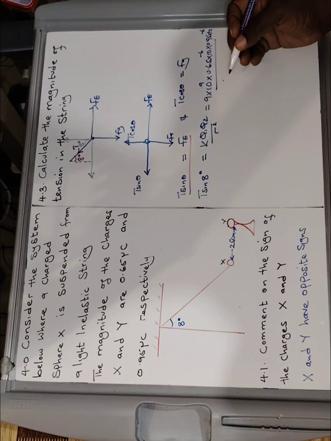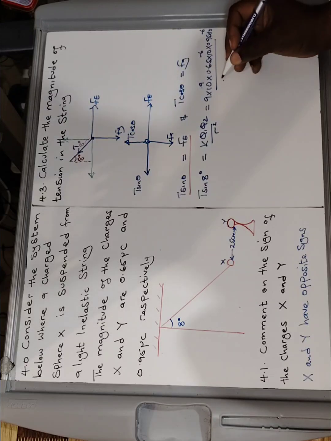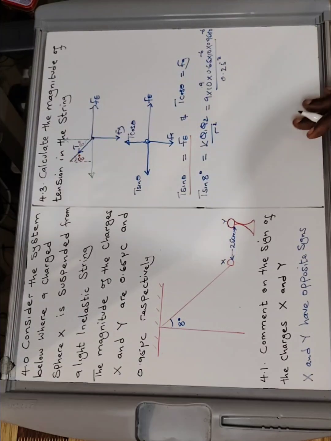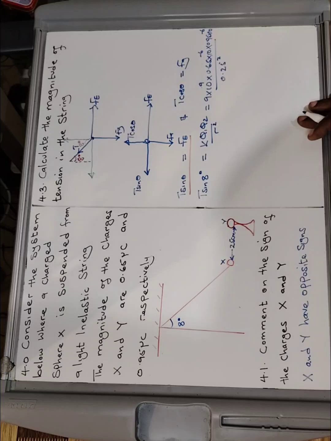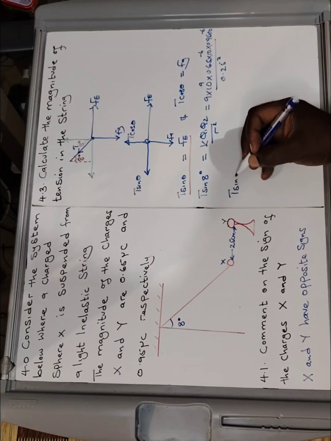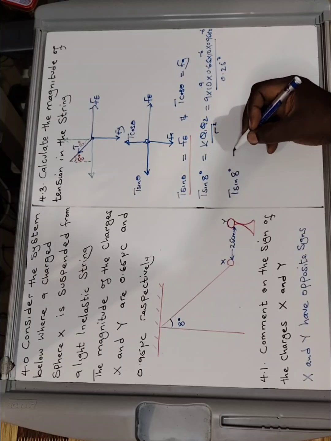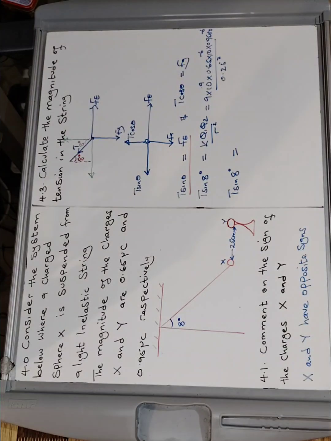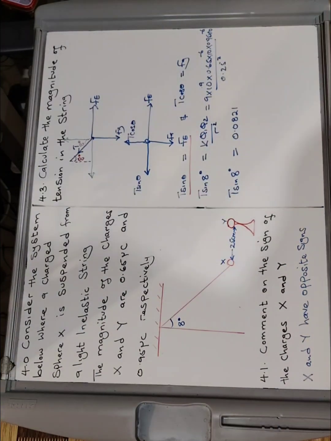Changing it to meters from centimeters, you divide by 100, and it becomes 0.25 squared. That's what we have. So T sine 8 degrees gives you that. Okay, let's see what we get out of Coulomb's law.